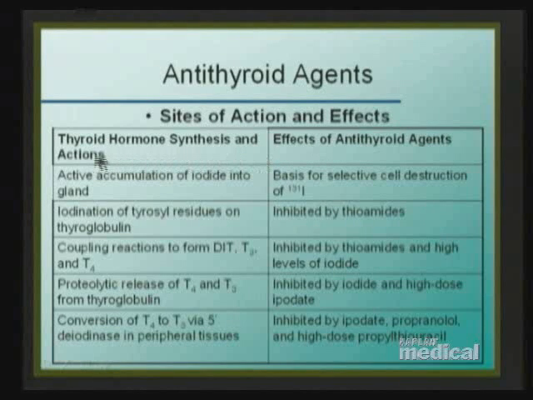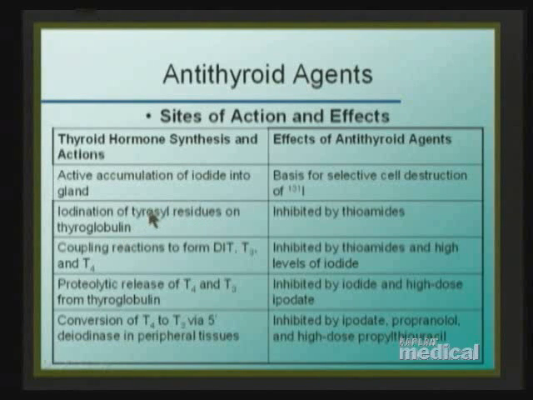Well, if we first look at the actual physiology, we know that thyroid hormone synthesis requires accumulation of iodide, the salt, into the gland. But then the salt has to be organified to iodine, and this is done by the enzyme peroxidase, which then in turn iodinates tyrosine residues of thyroglobulin.